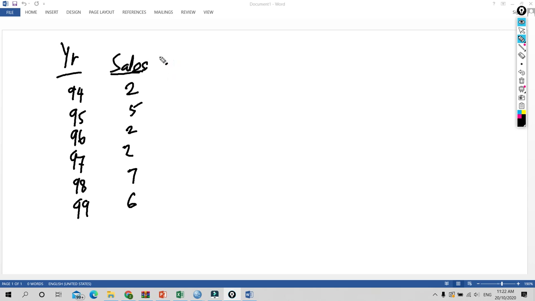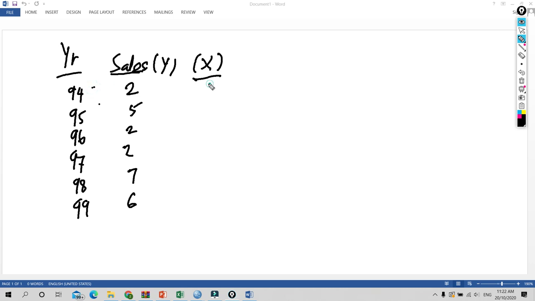Since here is y, because a regression line involves x and y, you need to identify the independent variable and the dependent variable. Your independent variable is x, and you take the x values from here. Because this is qualitative data, we have to convert it to coded data.